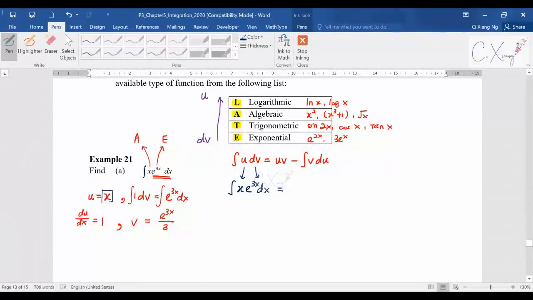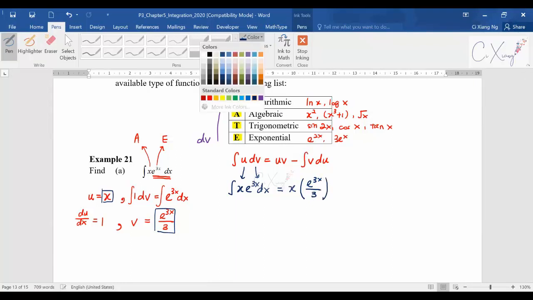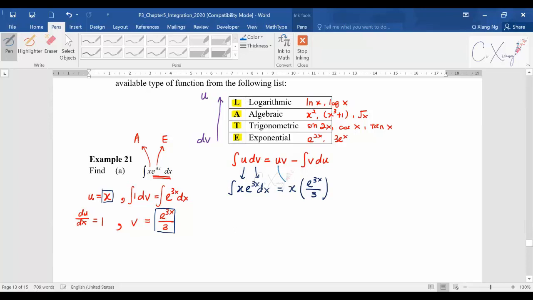Your u is equals to x. And what is your v? V is this one, e power 3x divided by 3. So I hope that you can see clearly. This one is u. This one is v.